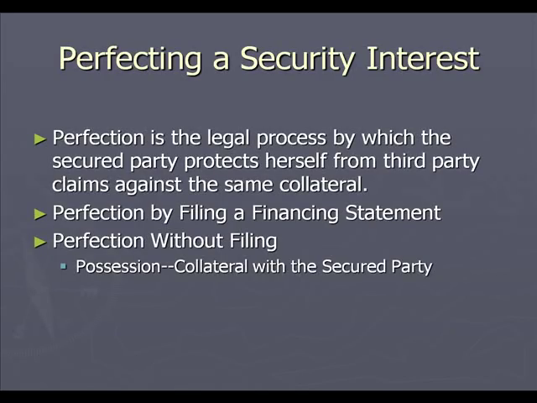Sometimes it's called a lien search. They will do a search and find out if that debtor has ever pledged that ring to anyone else. And the financing statement that I had the debtor sign will show up, and they'll be able to look at it and say, gosh, this ring is already pledged as collateral. We don't want to be second in line. We're not going to let you use that ring as collateral.